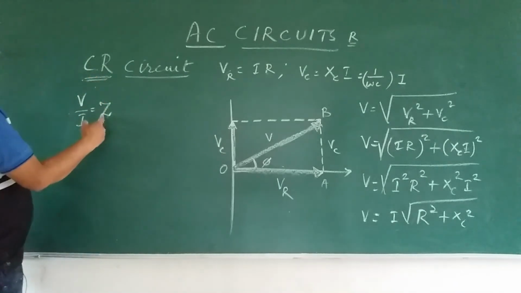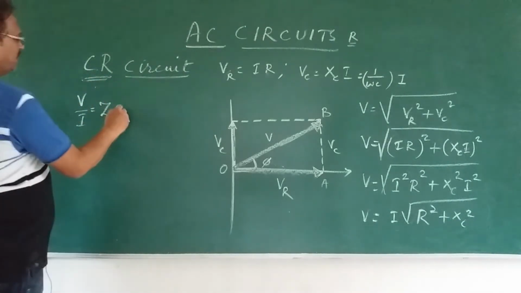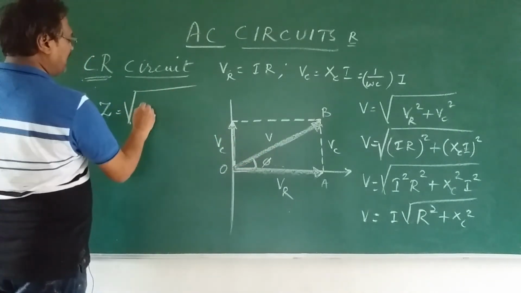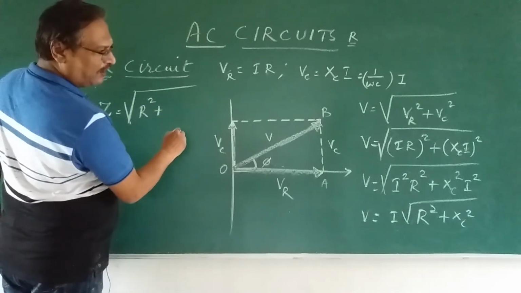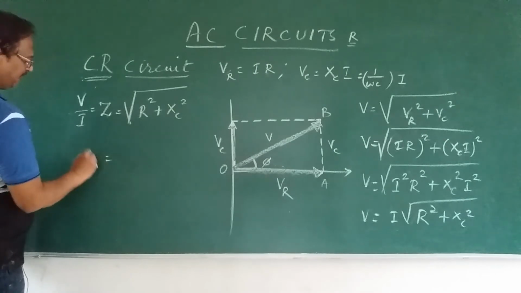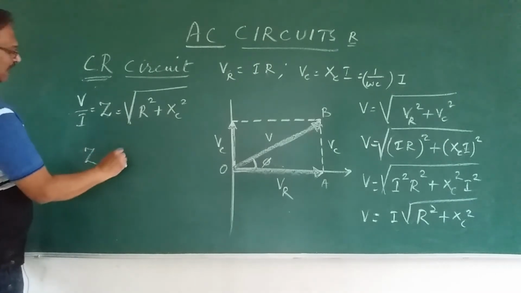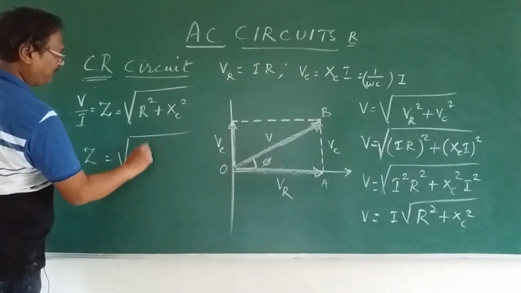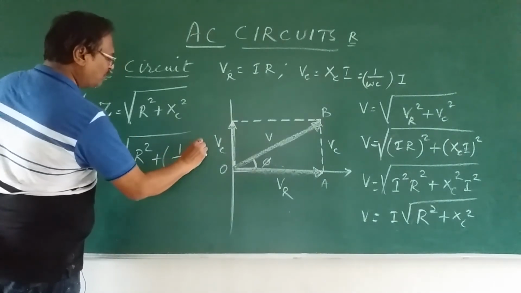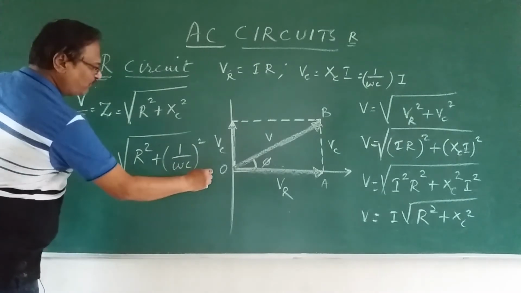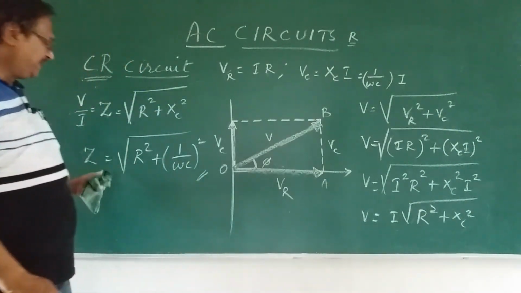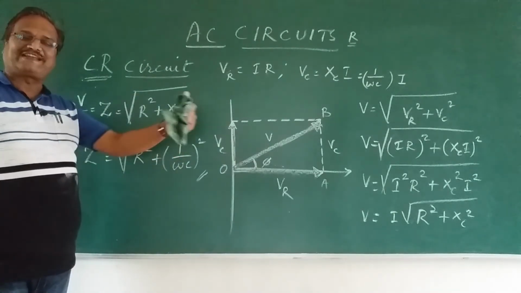So Z is equal to under root R square plus XC the whole square, that is R square plus 1 upon omega C the whole square. This is the formula we will use to calculate the impedance of a CR circuit.